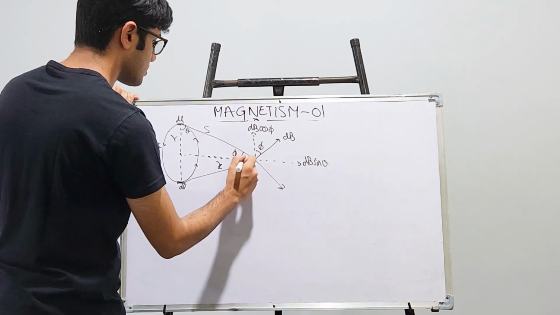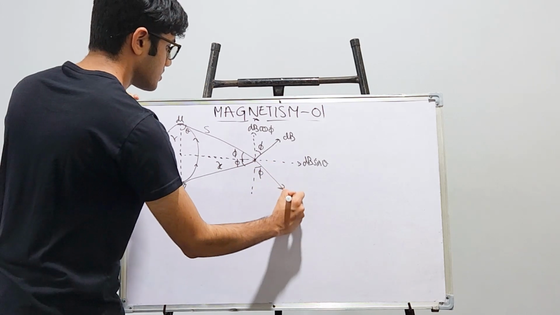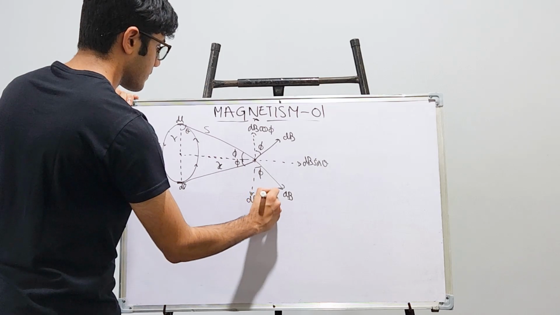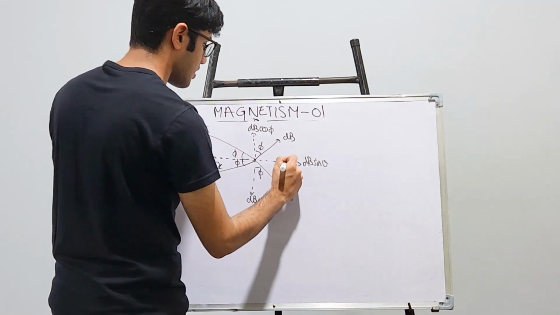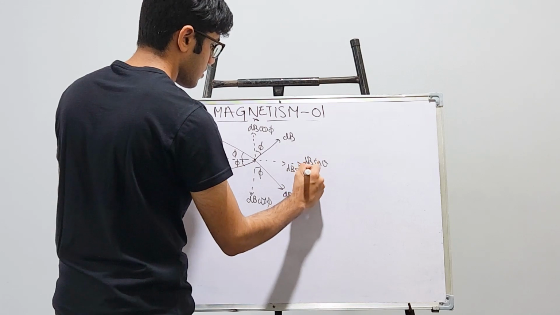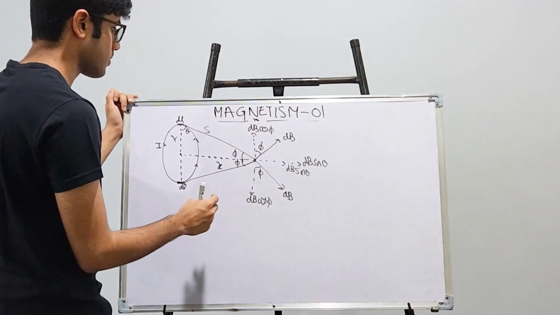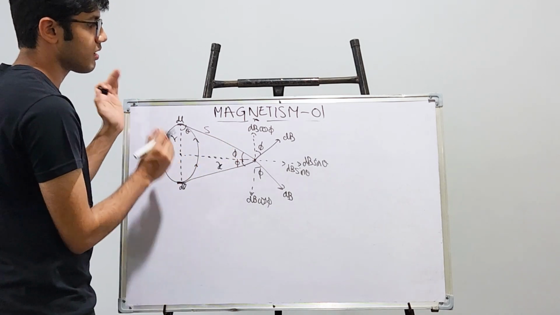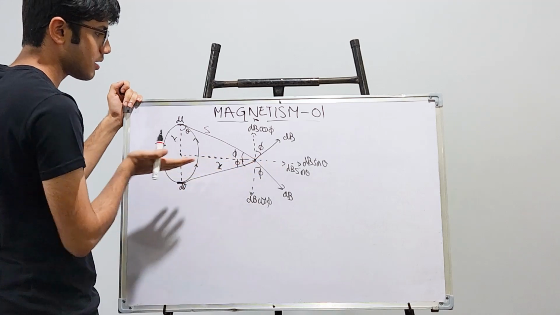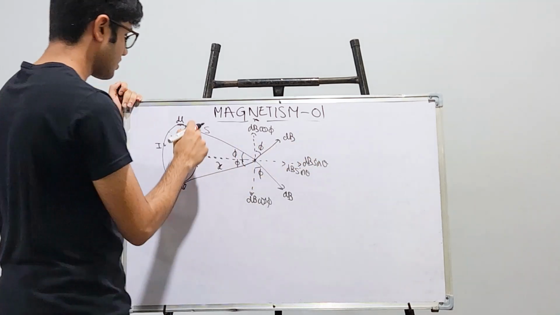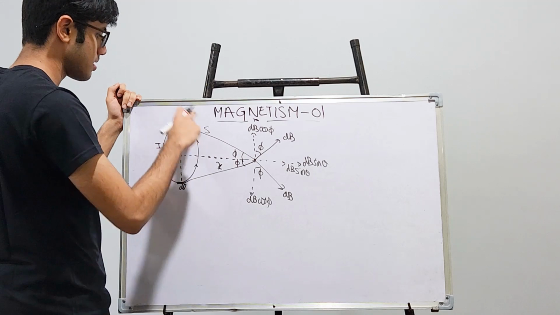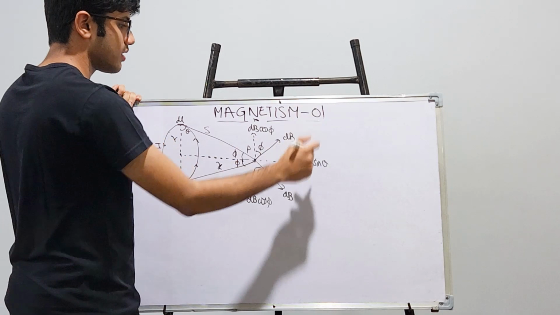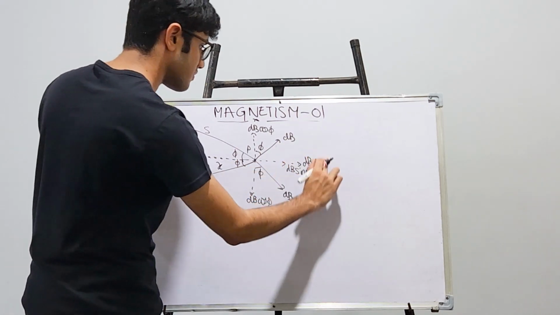Again, drawing its components, this is phi, this is dB, so this is dB cos phi, and this is dB sin phi, again in this direction. So we can see that dB cos phi would get cancelled out as they are vectors in opposite directions, and dB sin phi would get integrated. So to calculate the magnetic field due to this current carrying circular loop at its axis at this point P, we need to do integration of dB sin phi, this is sin phi, not sin theta.